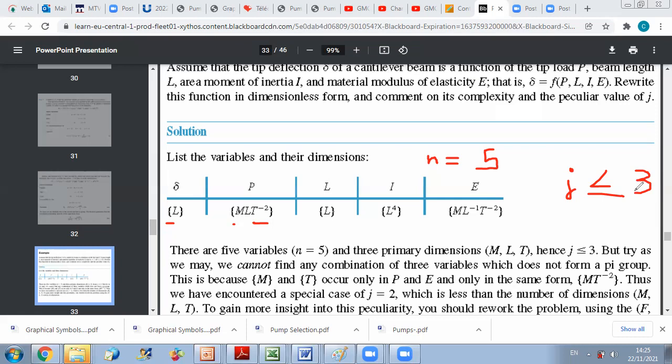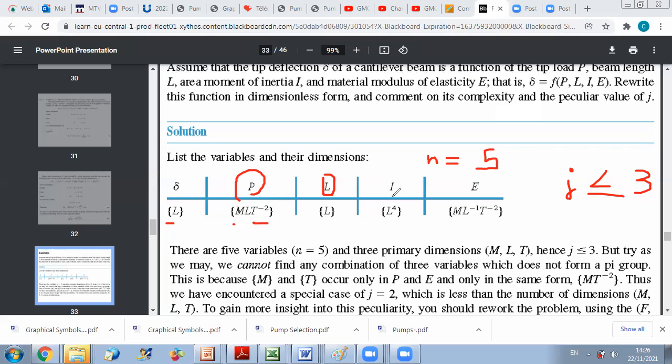Okay, for example, let us say I want to select first a variable that only contains M. So P, for example. Okay, I need 2 other variables. I take L then. Now I need a third variable containing, for example, T with L, and I cannot find one.